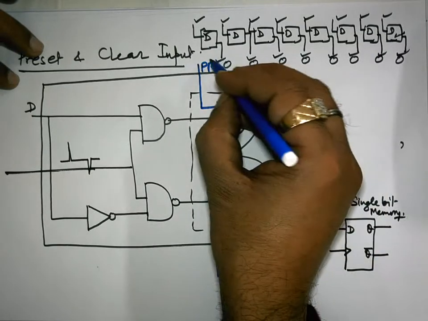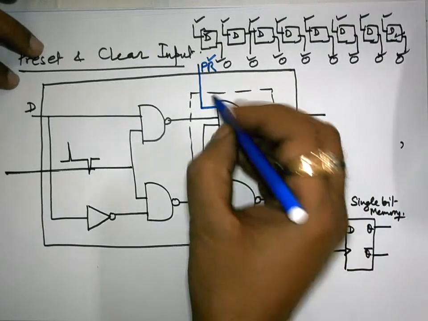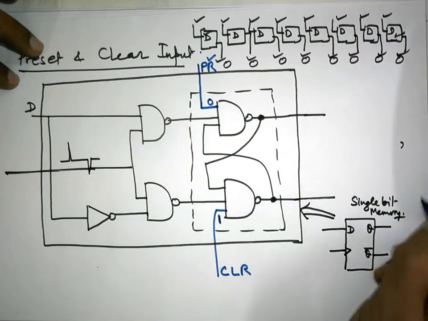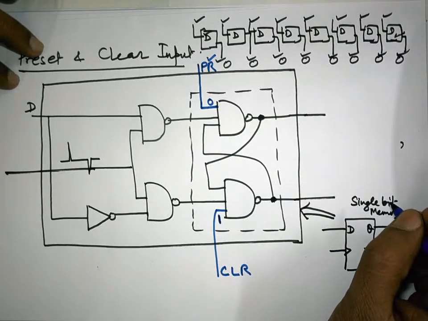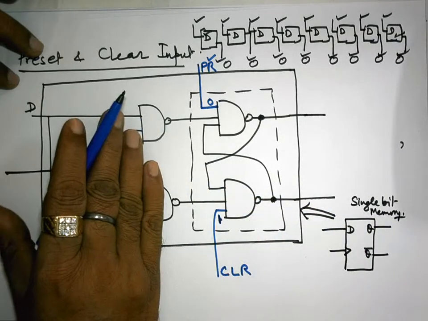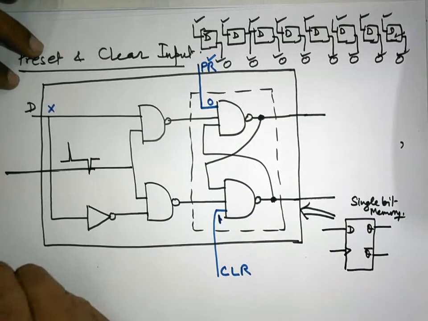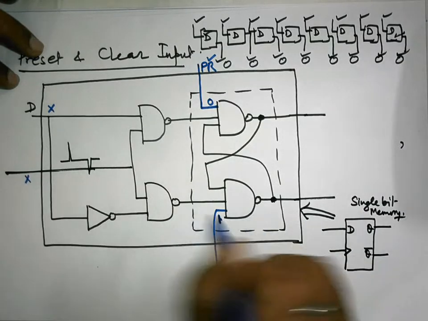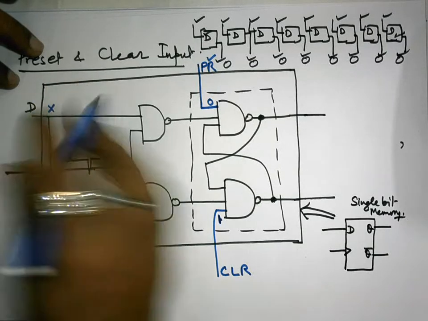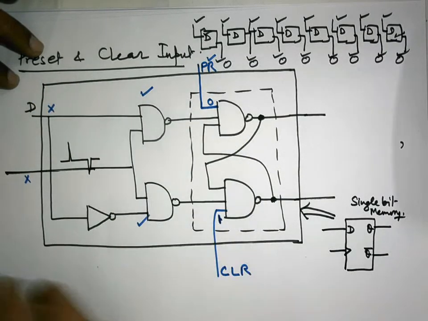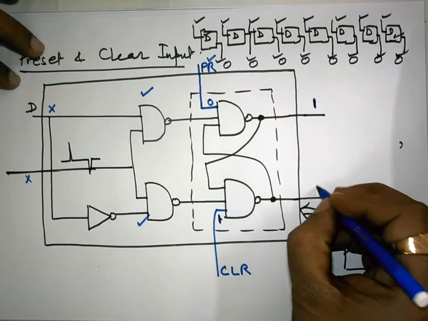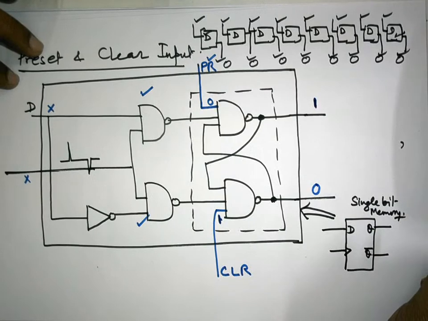Suppose I apply 0 over here and 1 over here. Then I need not see what has been applied at D or at clock. I need not worry about what has been applied at this steering gate. This is called steering gate. Okay. This output will definitely become 1 and this output will definitely become 0.